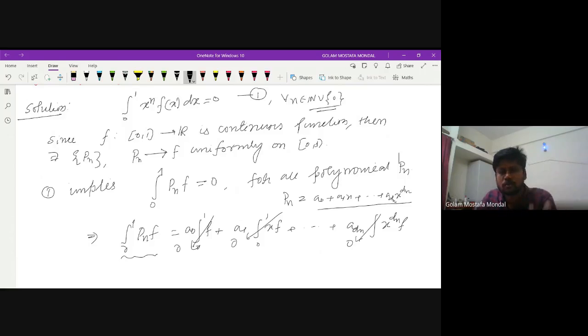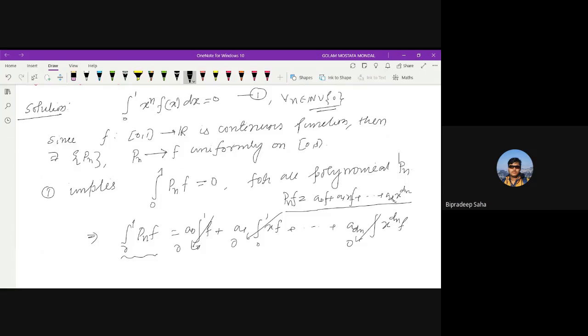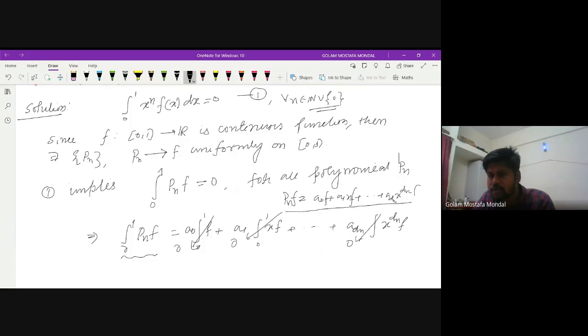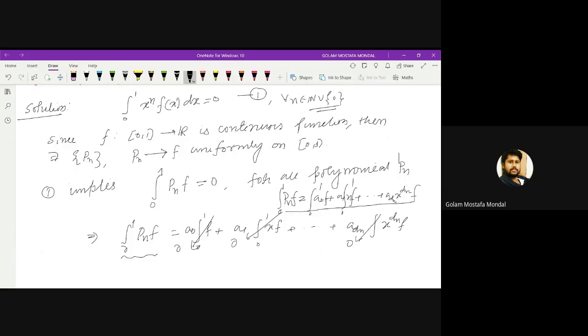No, no, see that. Suppose your P n is a polynomial of degree d n, right? Then what is the integral from 0 to 1 of P n f? So P n f is equal to this, a0 f, a1 x f, and so on. Now integrate from 0 to 1 both sides. So a0, a1, a2, up to a d n are constants, right?